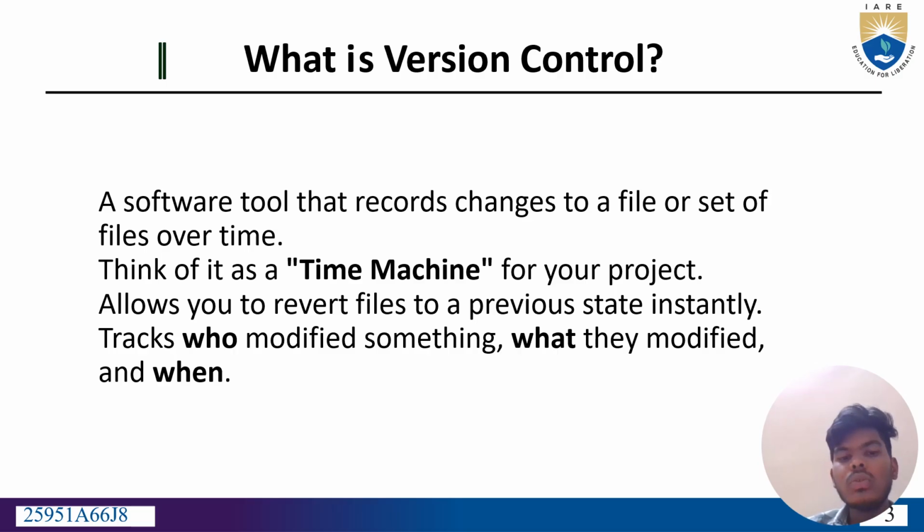It allows you to revert files to a previous state instantly. It tracks who modified something, what they modified, and when they modified it, and stores that information in the version control.